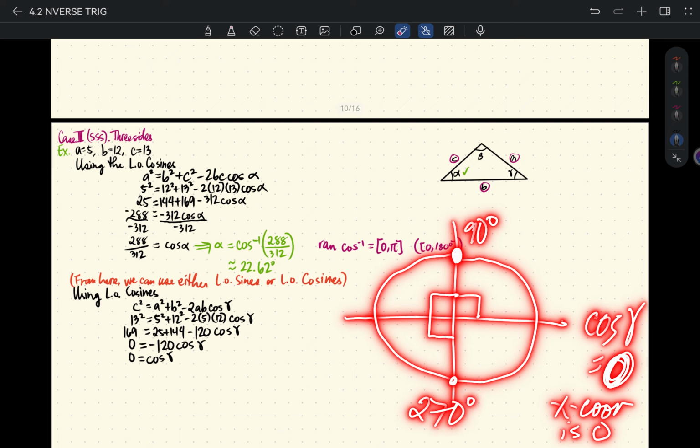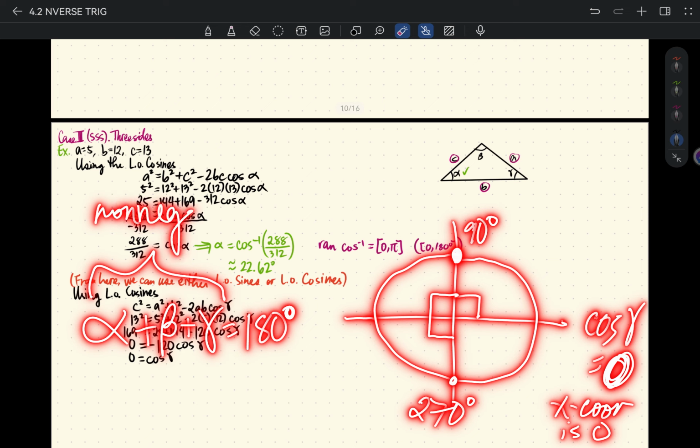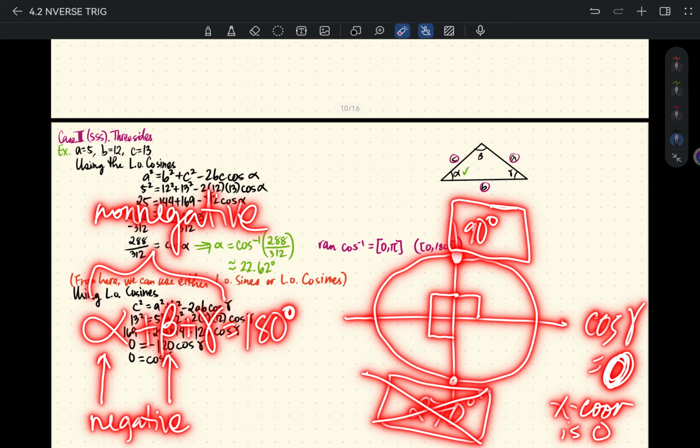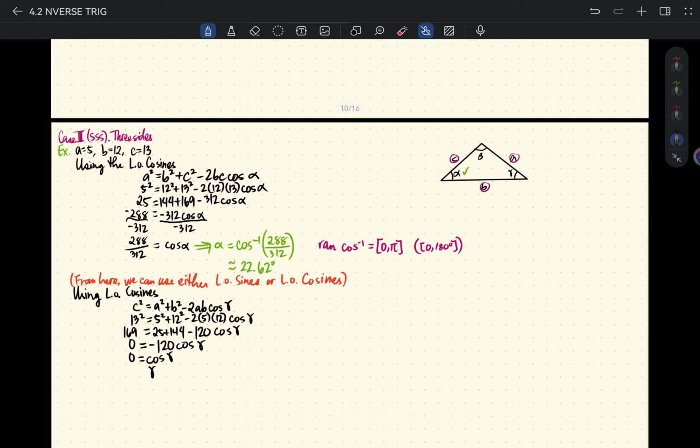However, since we're talking about a triangle, we know that alpha plus beta plus gamma equals 180 degrees. And these angles are non-negative. So if we choose 270 degrees, it will be forced that alpha and beta would become negative. So this one right here cannot be chosen. So we have 90 degrees. So that means gamma equals 90 degrees.